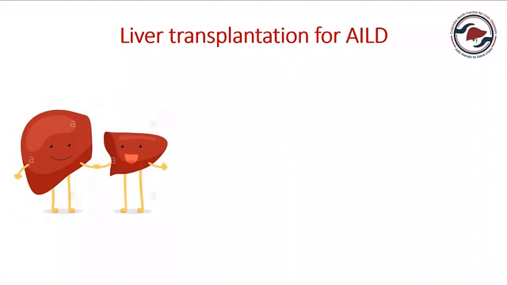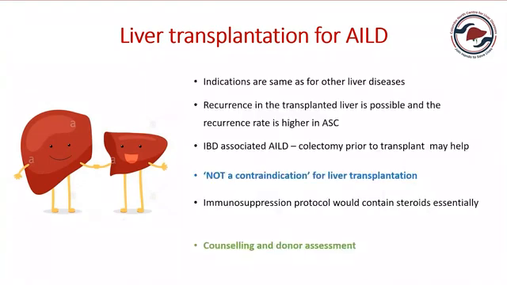Moving into liver transplantation for autoimmune liver disease, the ultimate cure for children who have acute liver failure not responding to medical therapy, or children who have established cirrhosis as a result of autoimmune liver disease. The indications are actually the same as for other liver diseases.